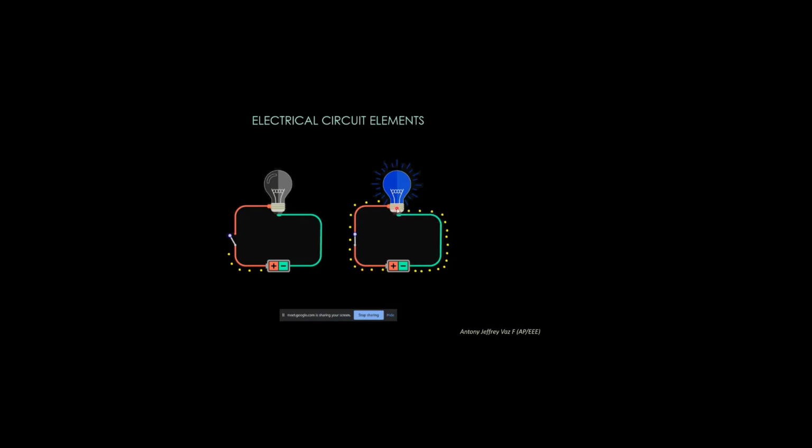A light bulb is connected to the battery, and the switch is closed. When the switch is closed, the electrons flow through the closed path of the circuit and the bulb starts glowing. But in this circuit, the switch is open, so the electrons cannot flow and the bulb is not glowing.